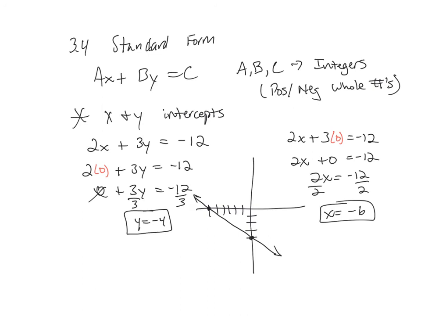Okay. Not a very difficult concept. You've just got to take the time to study that when I have standard form, or when I'm asked to find the intercepts, I just plug in 0. It's a really straightforward deal.